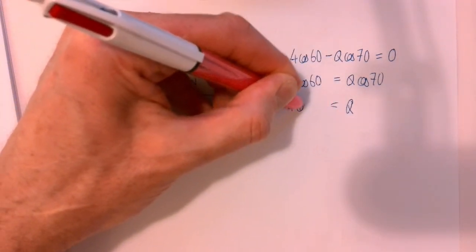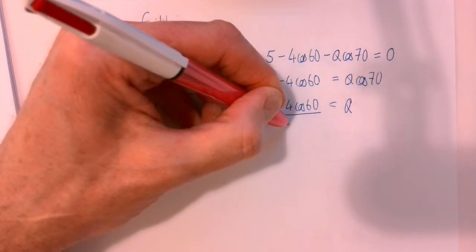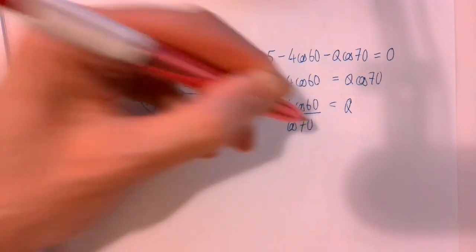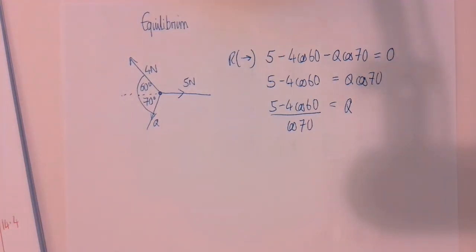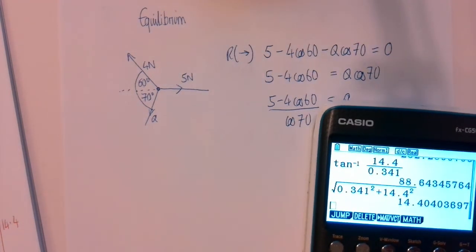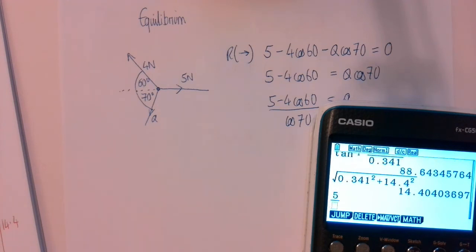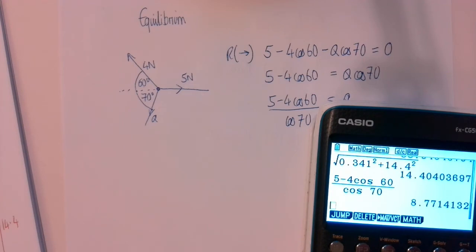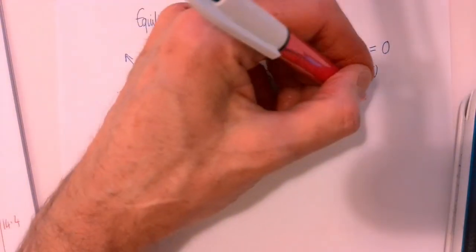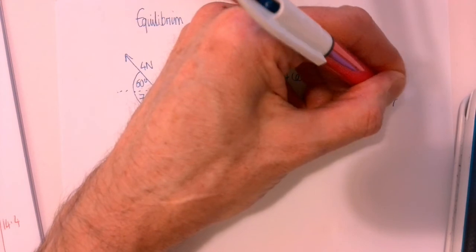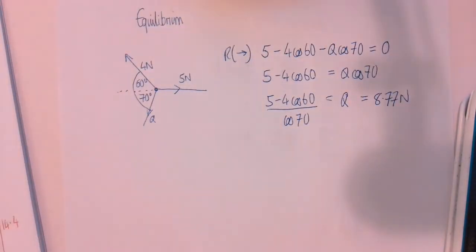So Q will be 5 minus 4 cos 60 over the cos of 70, and that'll give me my answer. So Q has a magnitude of 4.77 newtons. That's the size of that force.